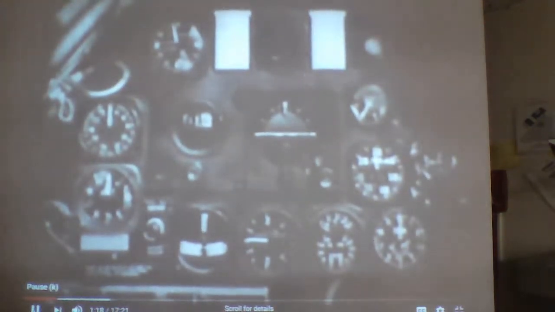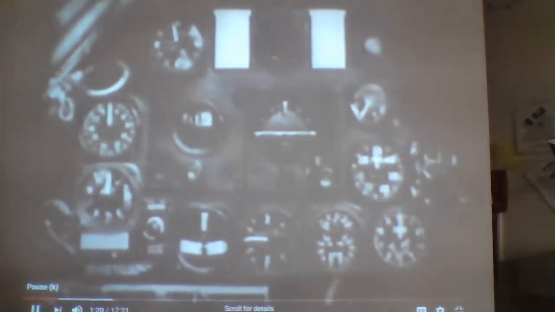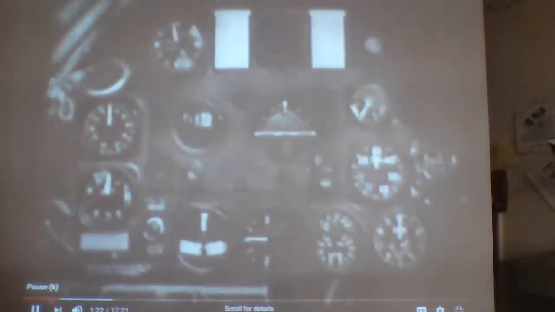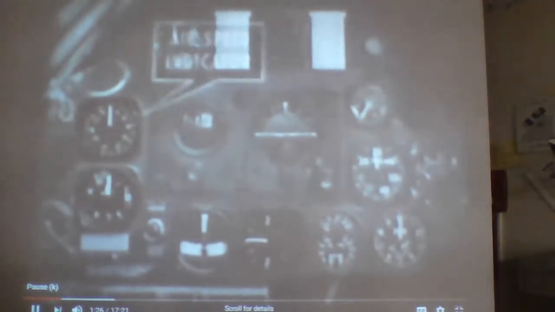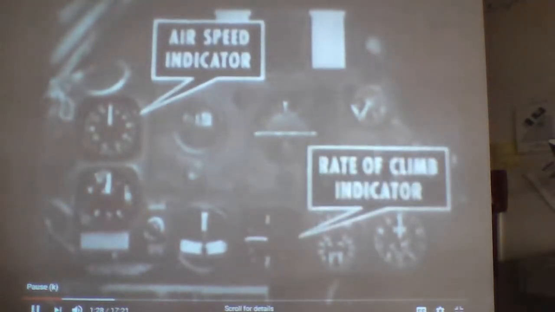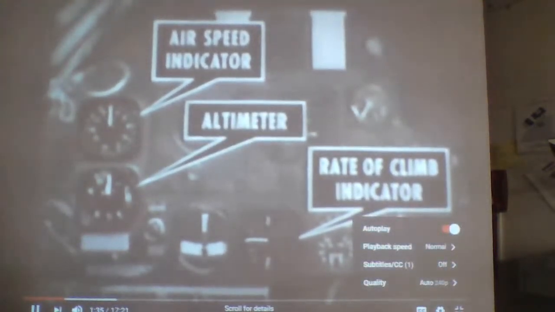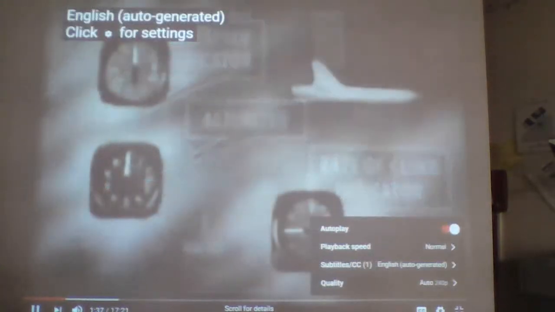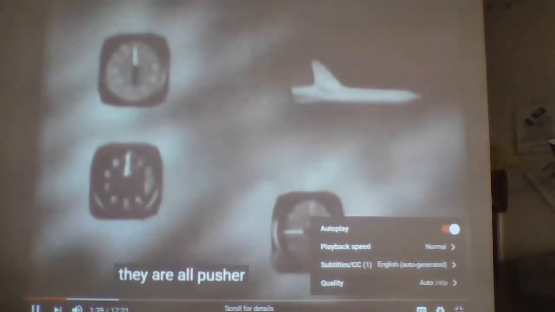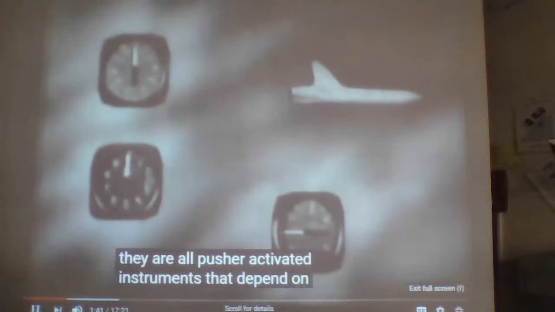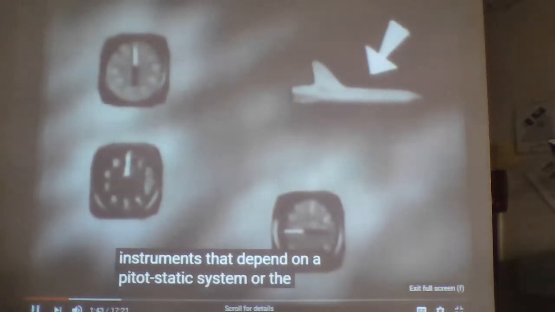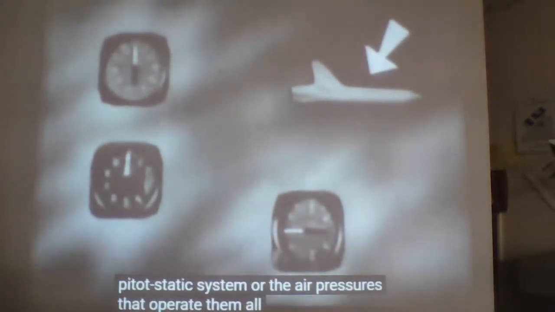On the instrument panel of a modern aircraft, there are three diaphragm instruments known as flight instruments. They are the airspeed indicators, the rate of climb or vertical speed indicators, and the altimeter. They are all pressure-activated instruments that depend on a pitot-static system for the air pressure to operate them.